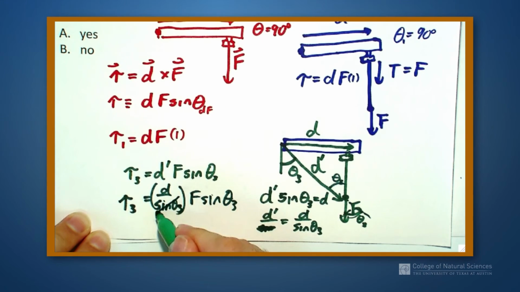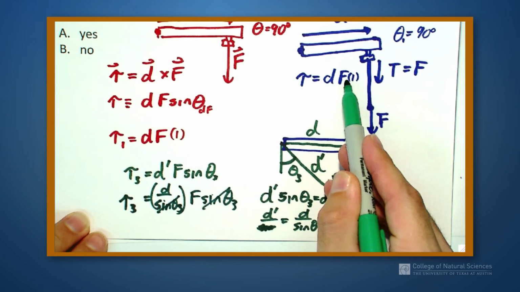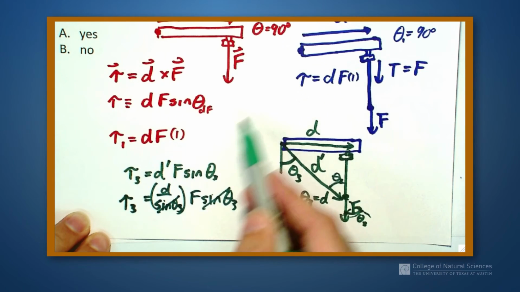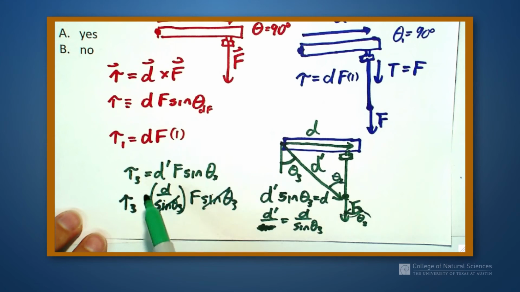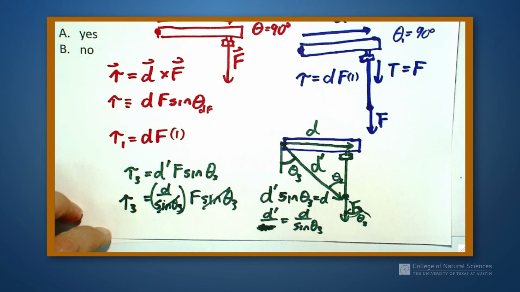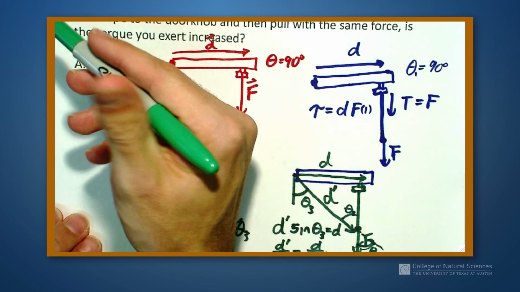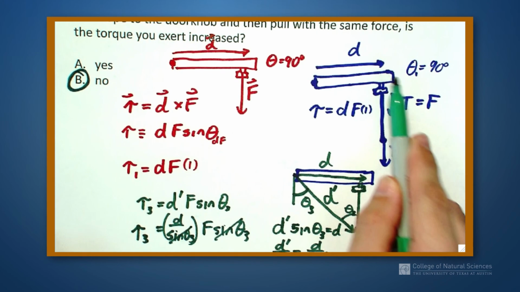And notice that the sine of theta 3 and the sine of theta 3 cancel out, and I'm left with d times F. So the same value I came up with in the previous way of solving it still works, and it happens to be the same as the distance times the force of the first problem we solved. So in all these cases, we do not change our torque. It doesn't matter if you attach the rope on it, you're pulling with the same force at the same point that's attached to the door.